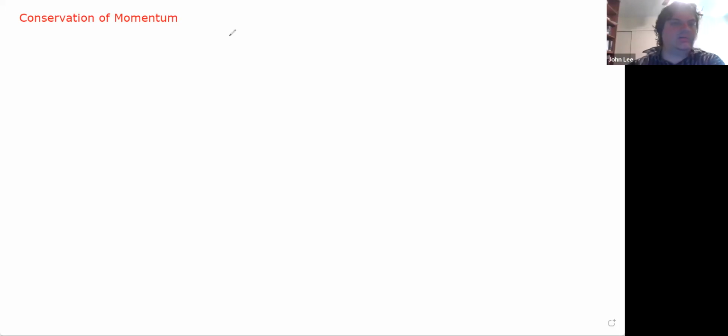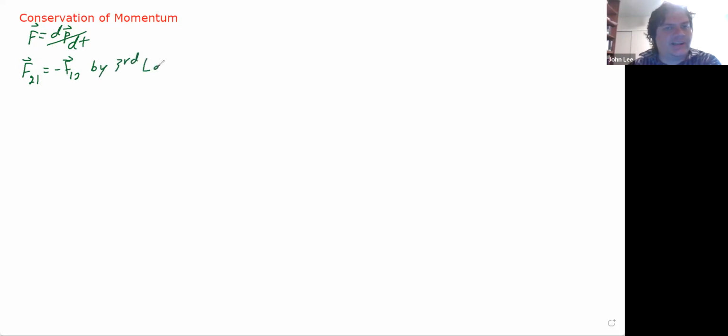So remember that F equals dp/dt. And we also know that F of 1 on 2 or 2 on 1 is equal to negative F of 1 on 2 by Newton's third law, which states that every action has an equal and opposite reaction.